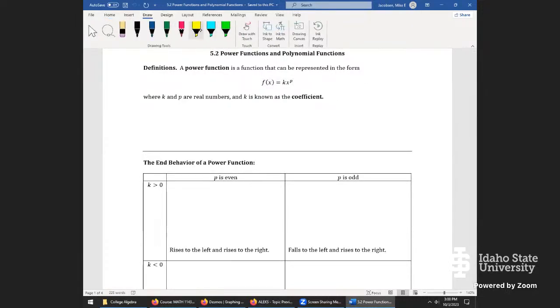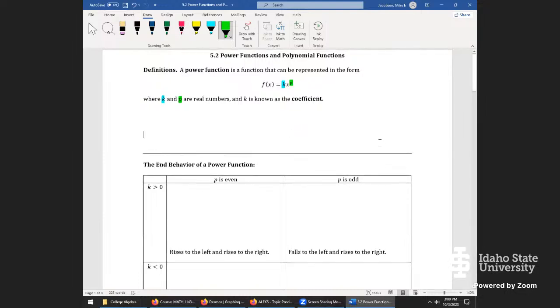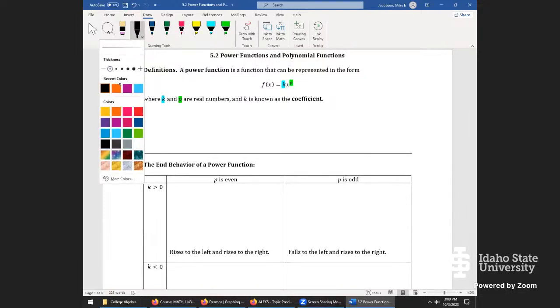Here, our only requirement is that k and p be real numbers. And just as a reminder, k is also known as the coefficient in this situation. It would be the leading coefficient, but there's only one term, so that's kind of a weird thing to say for a power function. So different kinds of power functions, they could look like this, just for some fast examples.